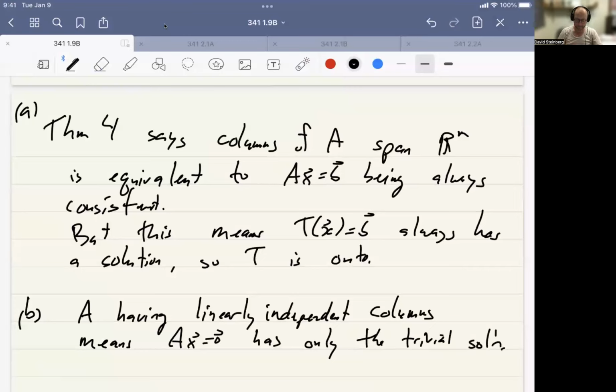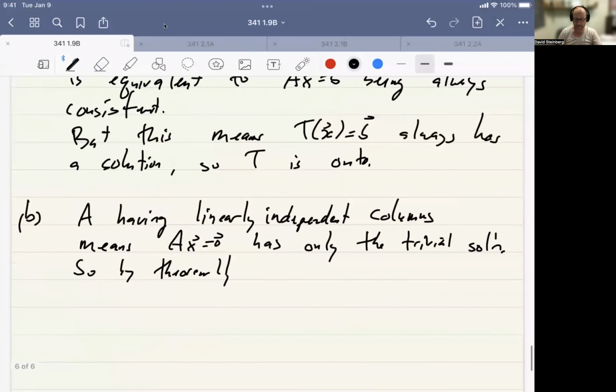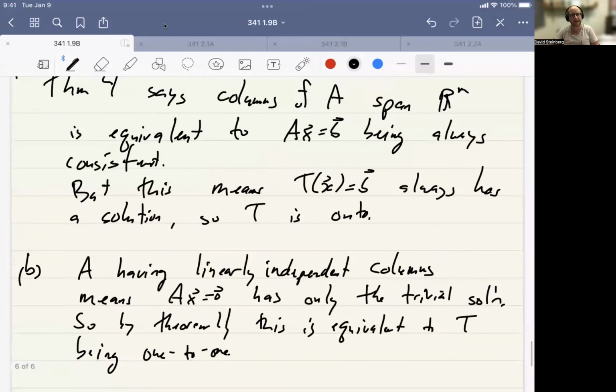And so by the previous theorem, theorem 11, we get that this is equivalent to T being one-to-one. Both of these are more or less complete proofs, but again, the textbook has more details if you're interested.